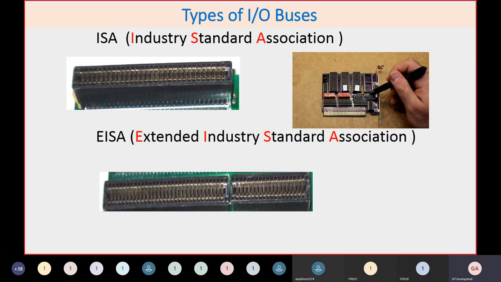If you have a modem, that modem card can be inserted into this, or if you have a typical VGA card, color VGA or super VGA, that card is also inserted over here. For putting in these cards or giving this facility, you don't have to do anything. You just take the card and insert it into the slot, and it works automatically. Of course, there are a lot of problems with the ISA that we'll discuss in the next few slides.